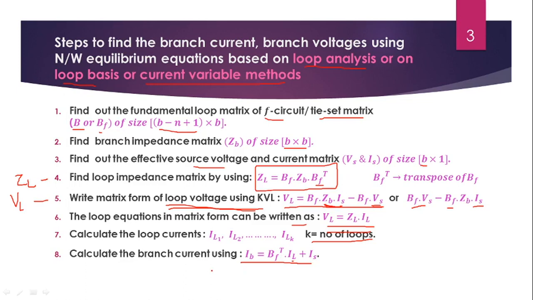And once we find the branch current, we can easily find the branch voltages using the relation VB equals ZB into IB minus VS. Simply Ohm's law: branch voltage is nothing but ZB into IB, and if any branch has a voltage source, the respective voltage source will be subtracted from it. So to solve numericals on loop basis, we have to follow these steps. So let's go with one example.